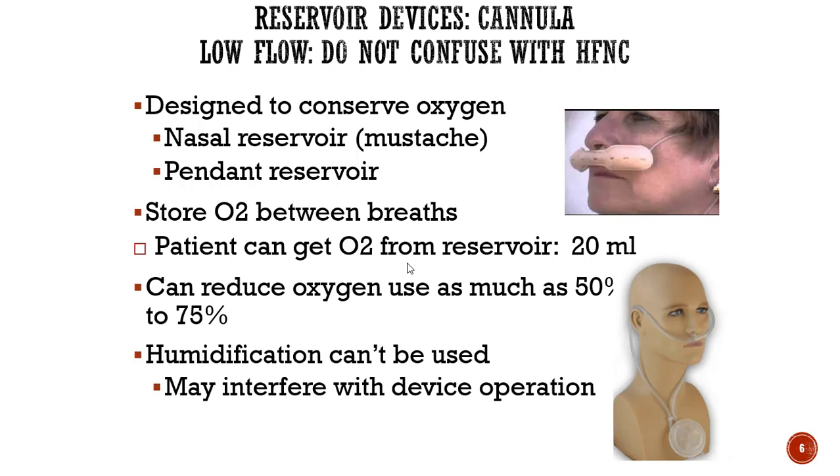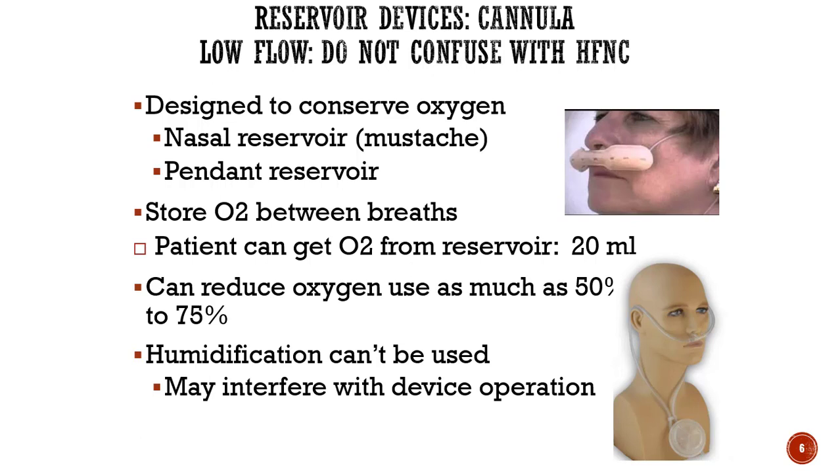So on average with reservoirs or oxidizers, the way that we figure it out is, if somebody's wearing a 4-liter normal nasal cannula, they might just need a 2-liter nasal oxidizer. Or if they're wearing a 6-liter normal nasal cannula, they might only need a 3-liter oxidizer. So you can cut those flow rates way down. And there's 2 reasons that works.